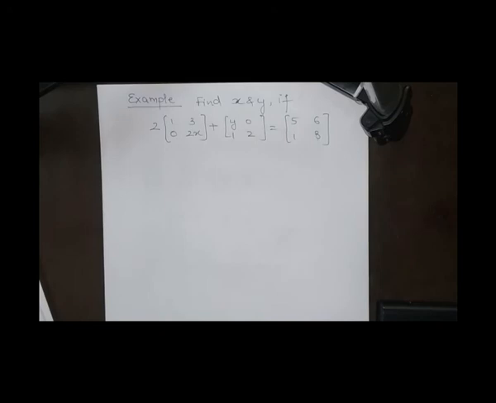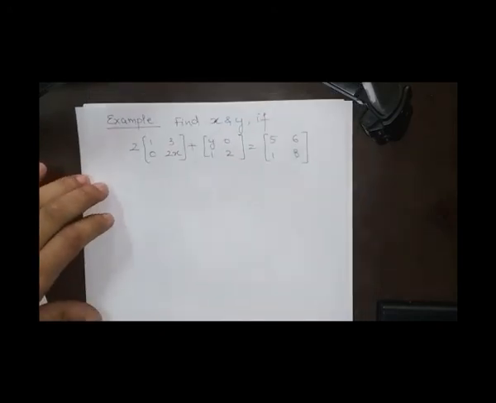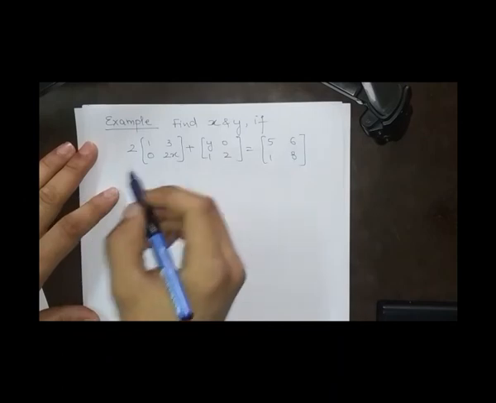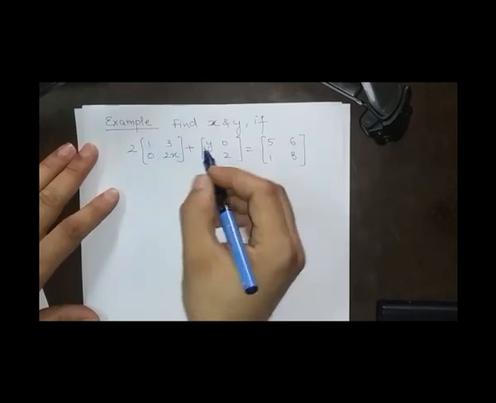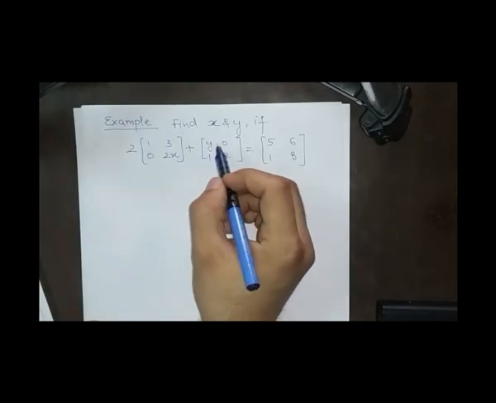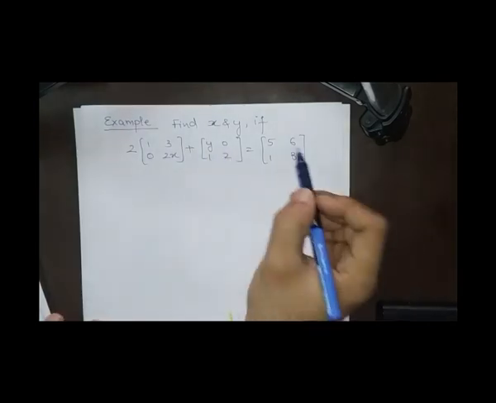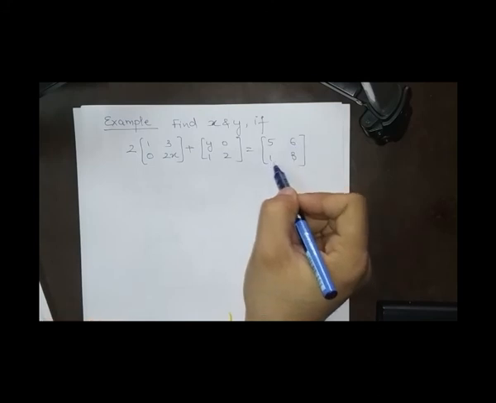Another example: find x and y if 2 into the matrix 1 3 0 2, plus the matrix x plus y 0 1 2, is equal to 5 6 1 8.